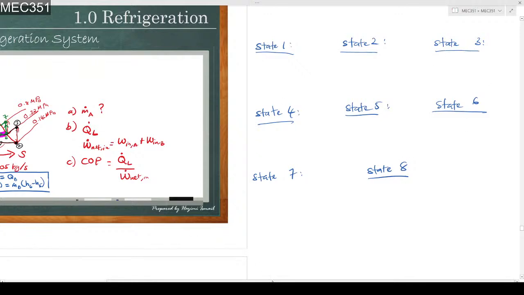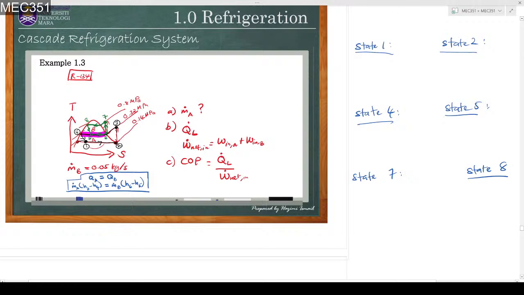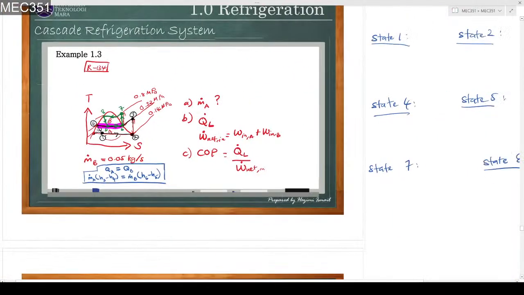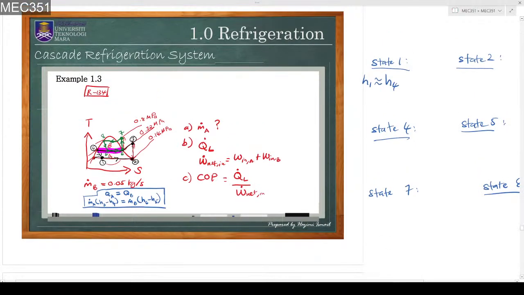At state 1, H1 is approximately equal to H4.